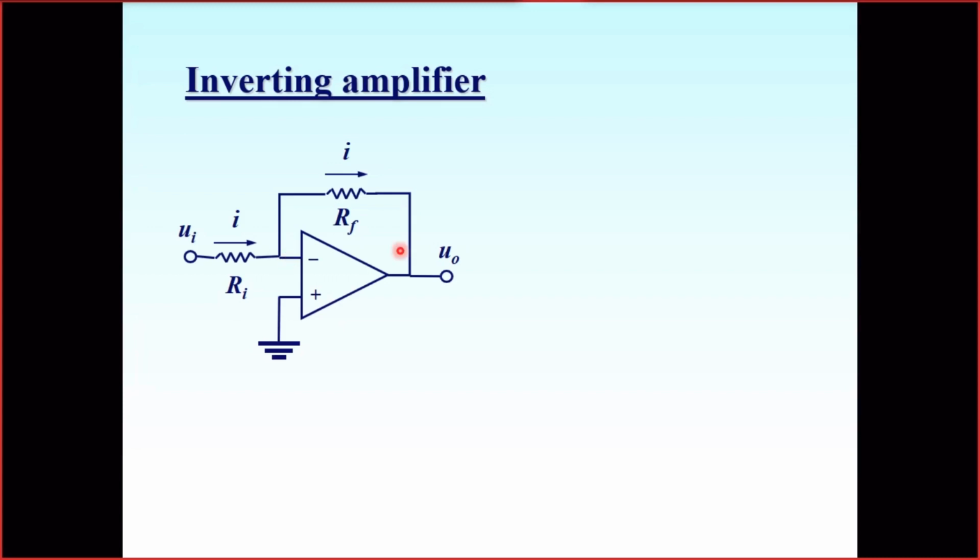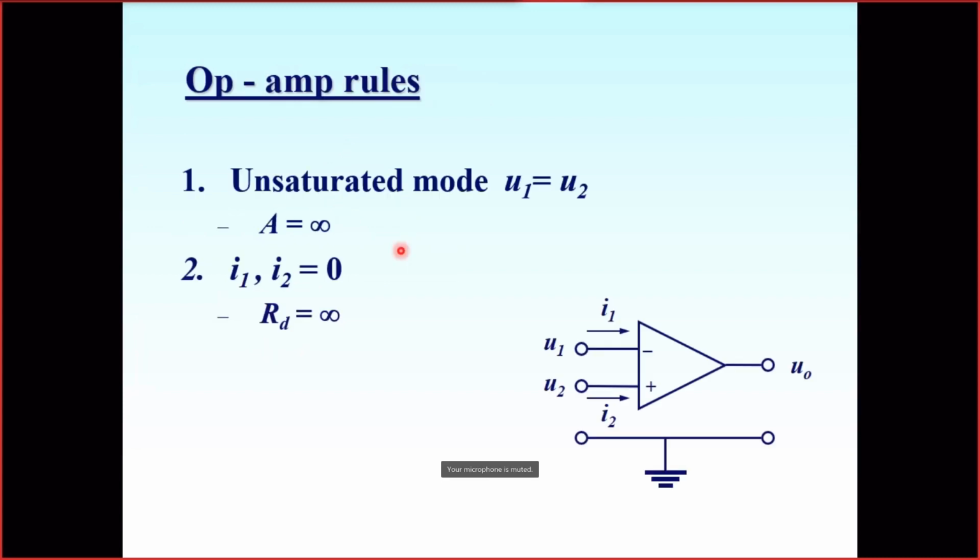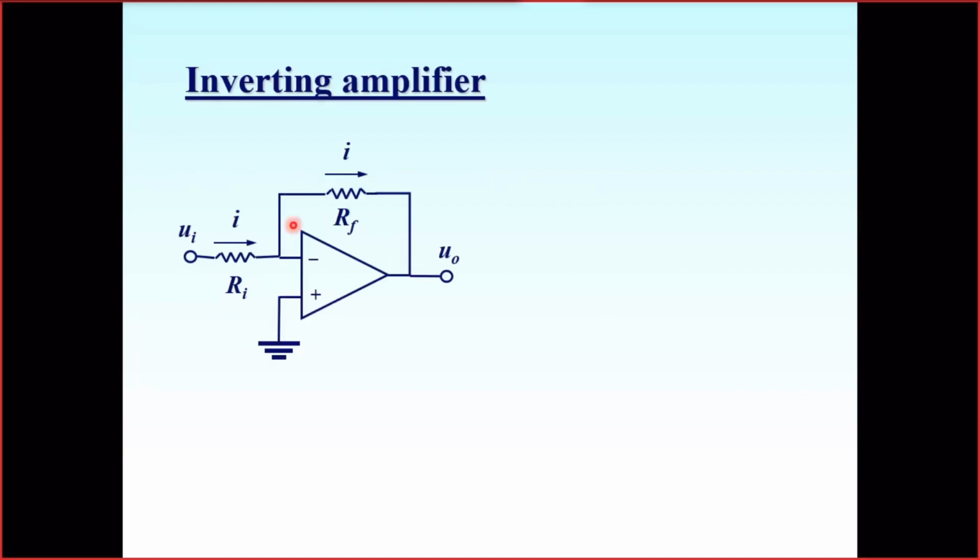We have to use the first rule that I discussed. If we do have a feedback, then the voltages on the inverting and non-inverting inputs will be the same. If I have a feedback and I have zero voltage on the non-inverting input, which voltage will be here?